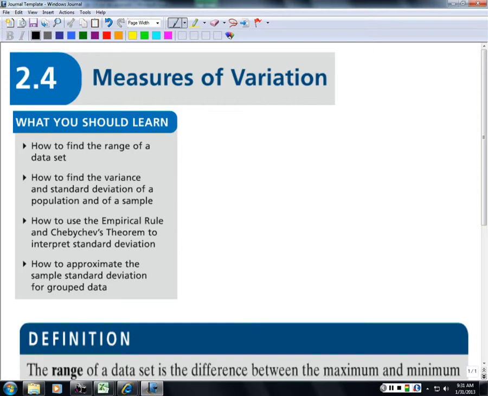Now, when we talk about measures of variation, what we're talking about is looking at the distribution, whether it be a population or a sample, and looking at the mean, and looking to see how all the data values in my distribution deviate or vary from that mean. Okay?